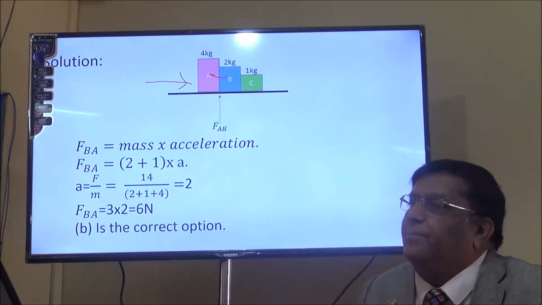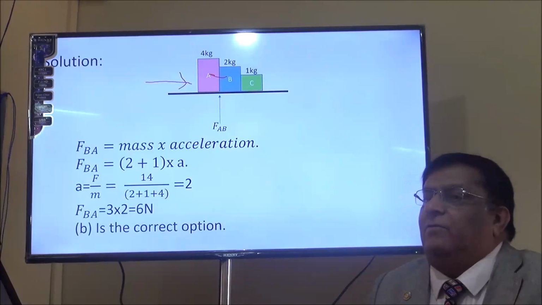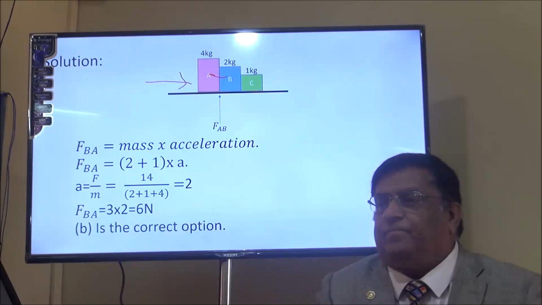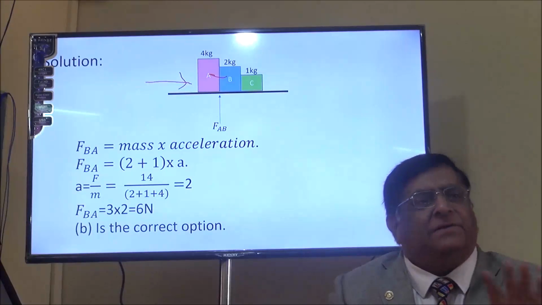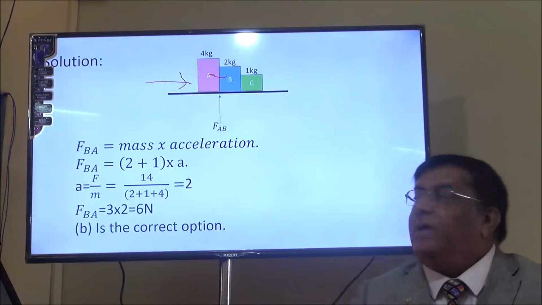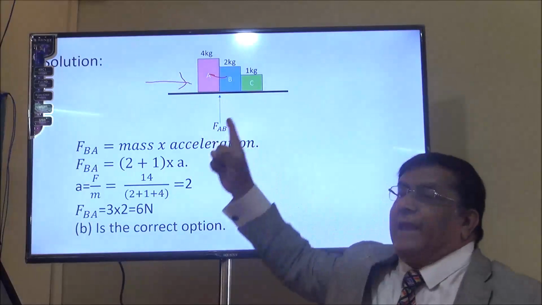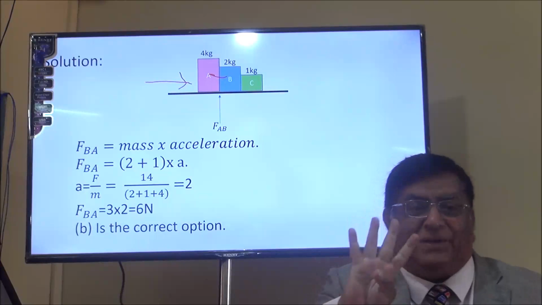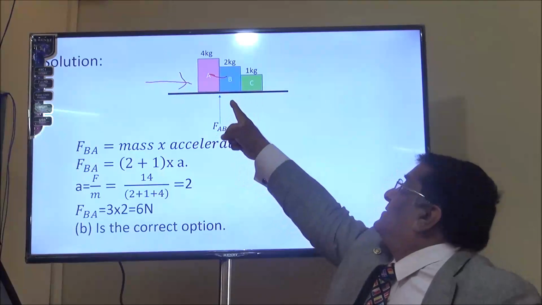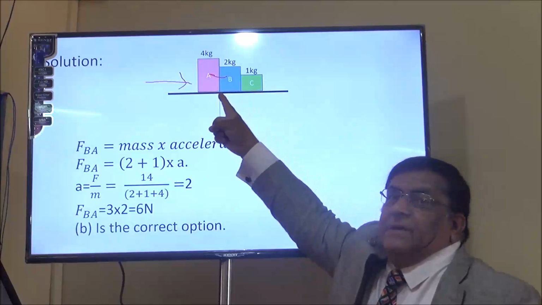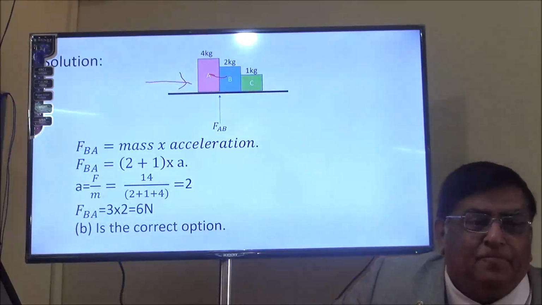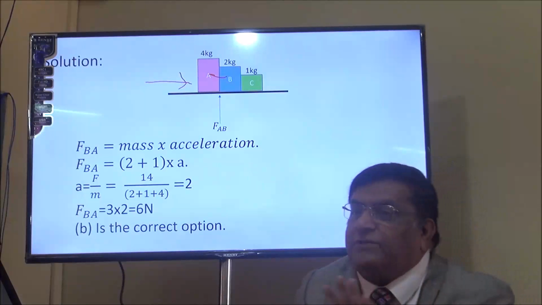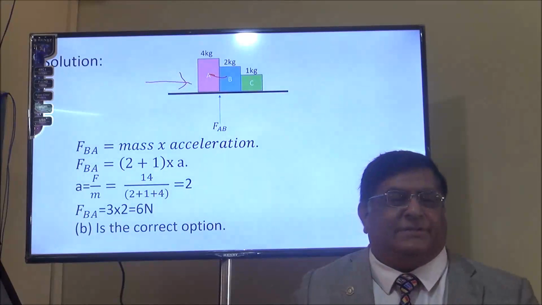So what is our principle? Why should these forces be different? Remember the answer, and things will be very clear. I am applying force on A. How many boxes am I pushing? A, B and C. A is applying force on B. How many boxes is it pushing? B and C only. But all the boxes are going with the same acceleration.